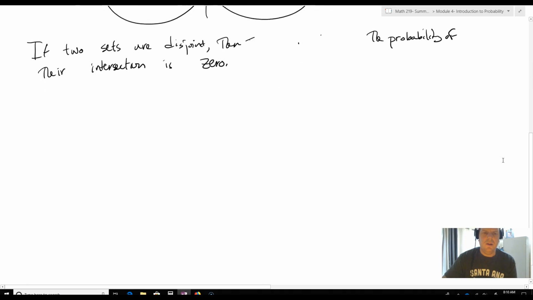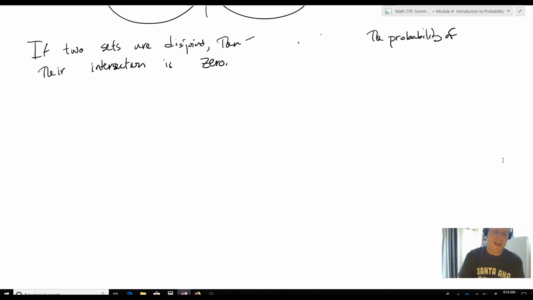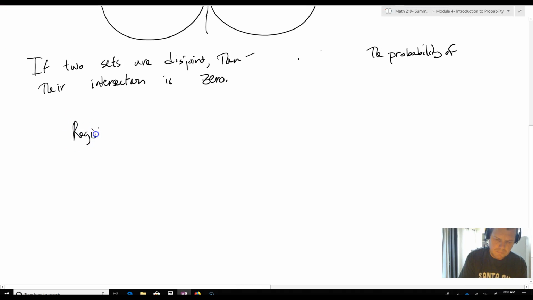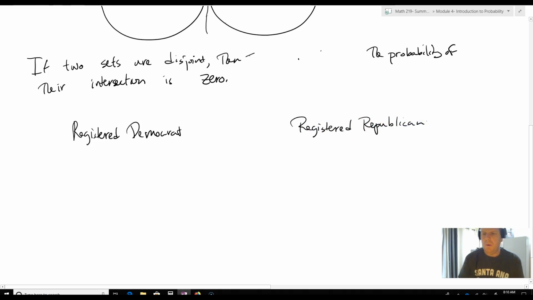All right. So let's say, for example, that we want to know the probability of being a registered Democrat and a registered Republican. What we know is that they won't let you register as both. So you've got to be one or the other.